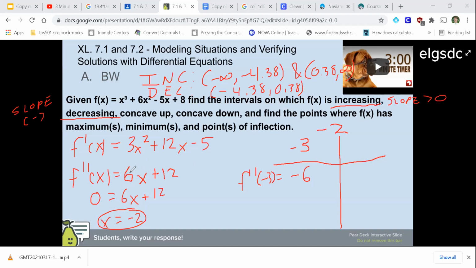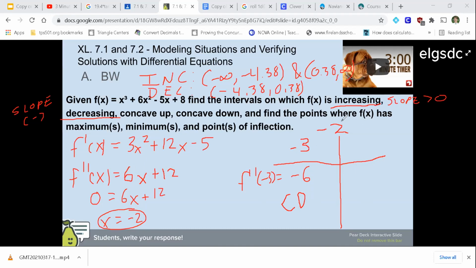Everyone okay with that? Which means that we are concave down. So basically, we're decelerating there. Or you can think our slope is becoming more negative.